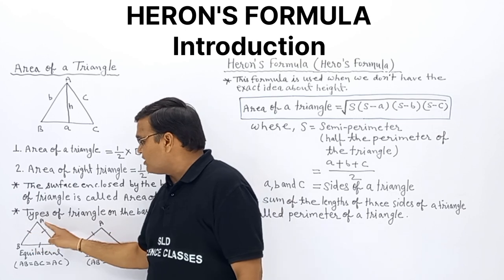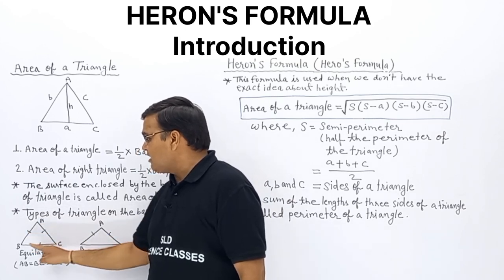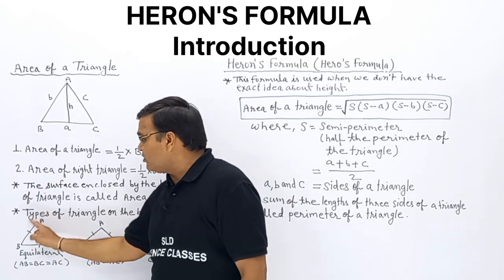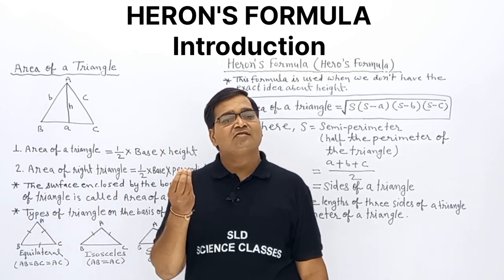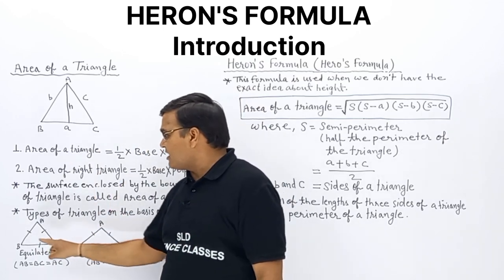A triangle has three sides, AB, AC and BC. These three sides are straight lines and they intersect each other.